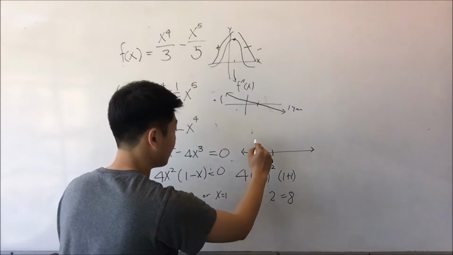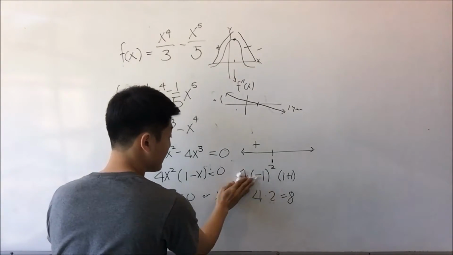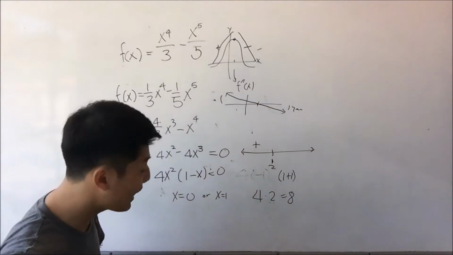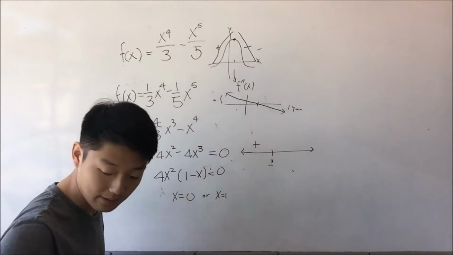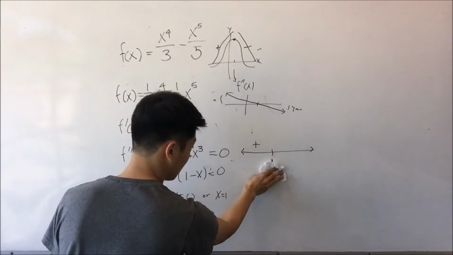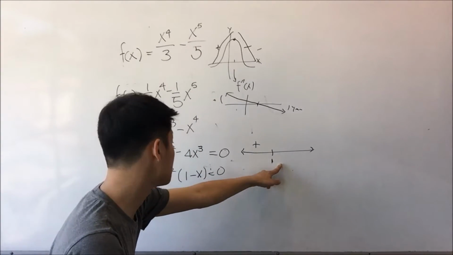See, this is positive. Now for it to be the answer, if I plug in a bigger number than 1, it has to become negative. So let's see. A bigger number such as 2.